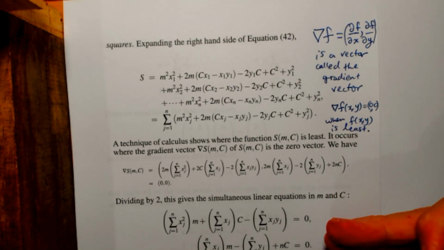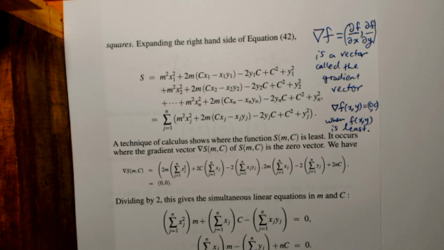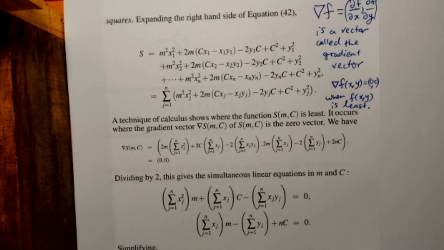And so this process involves minimizing the sum of the squares of the distances to some generic line that you're assuming is the best fit to the entire data set. And then the rest of it just comes down to some pretty simple calculations.